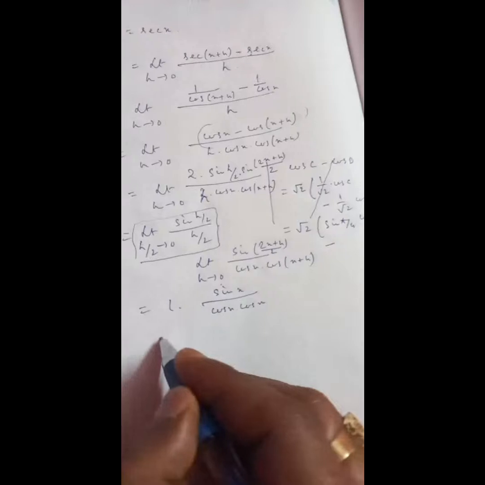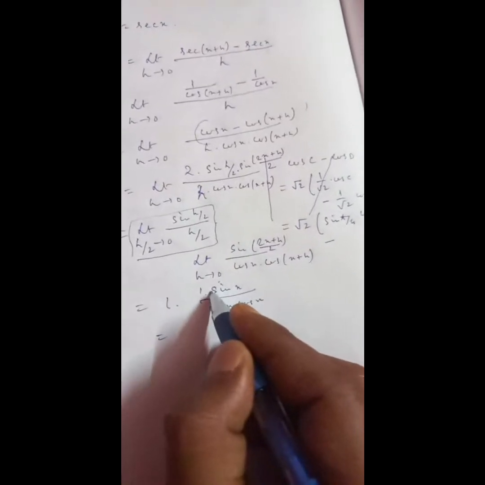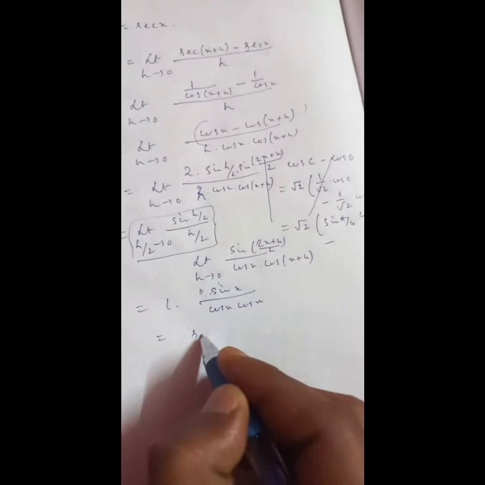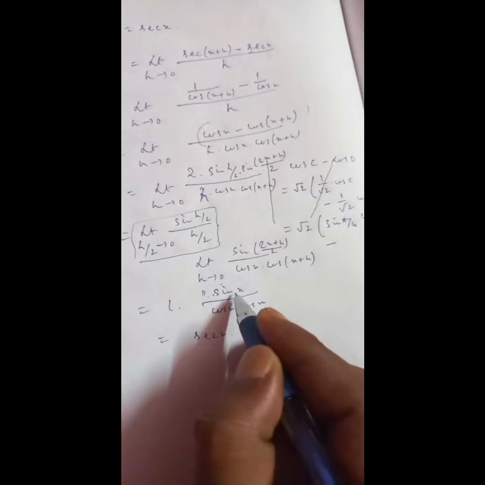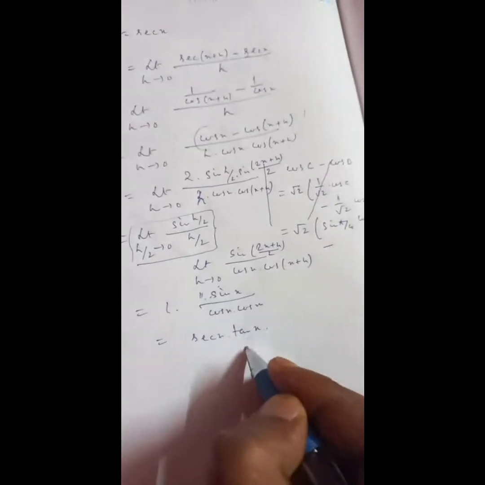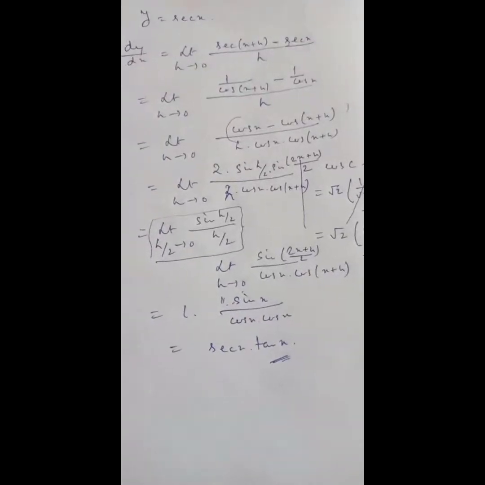So we can rearrange this as 1 by cos x times sin x by cos x. 1 by cos x is sec x, and sin x by cos x is tan x. So this is our derivative. You all know this: differentiation of sec x is equal to sec x multiplied by tan x.